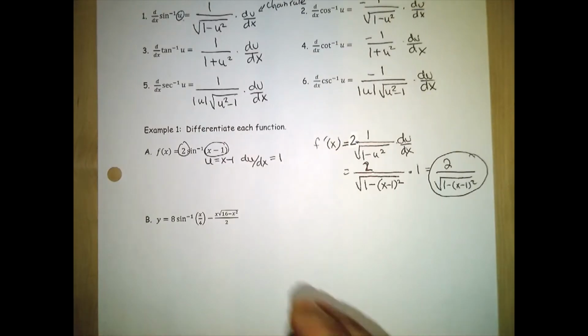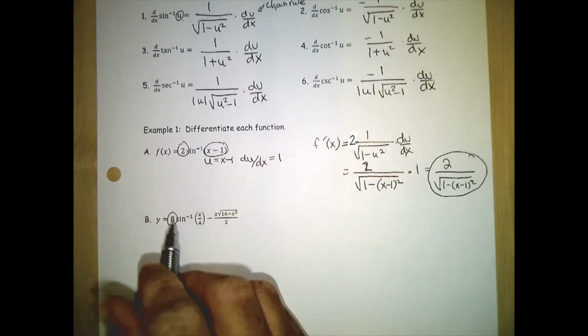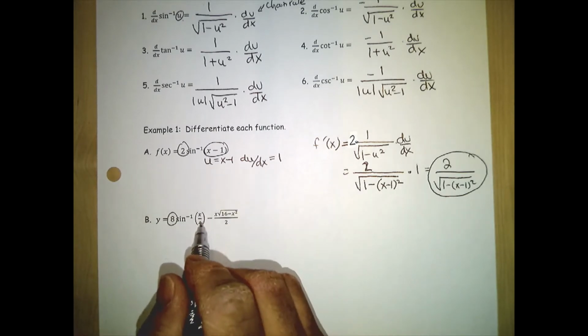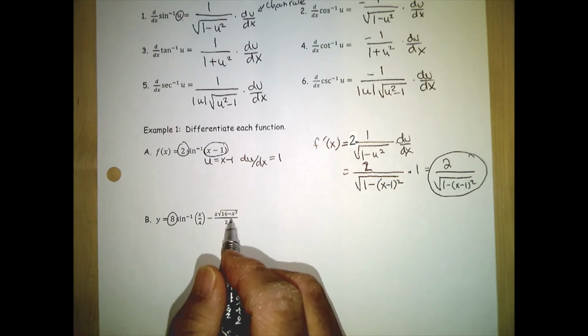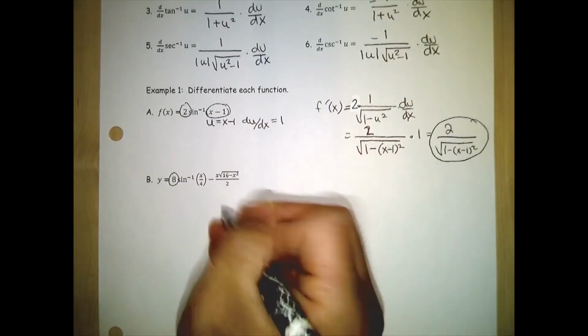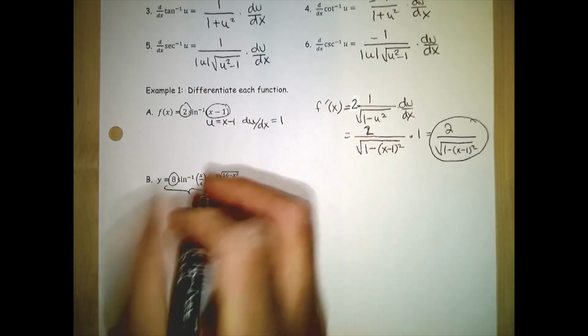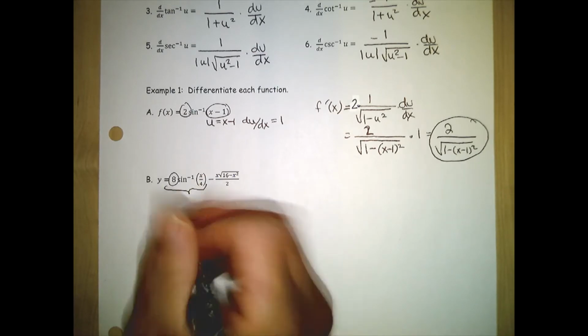Now let's try another one. We have y equals 8 sine inverse of x over 4 minus x times the square root of 16 minus x squared over 2. So we have a lot going on here. Let's first start with the derivative of 8 times sine inverse of x over 4.